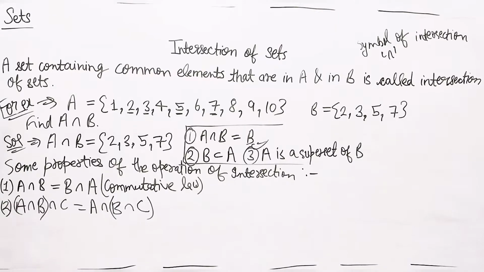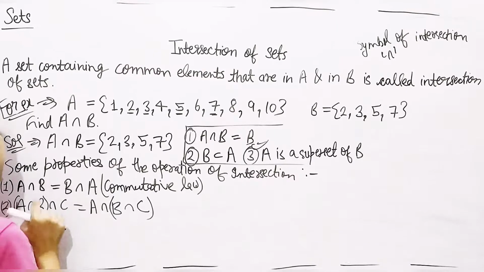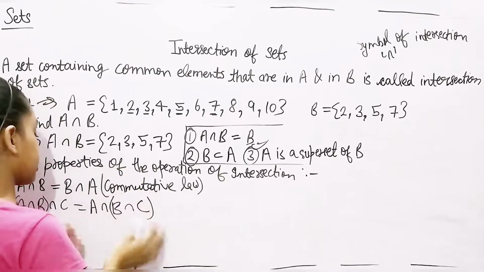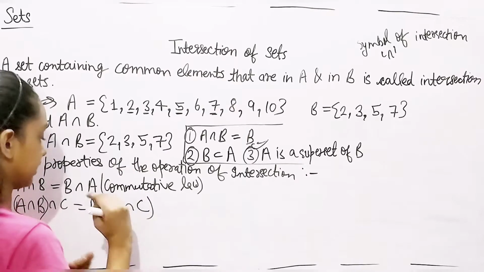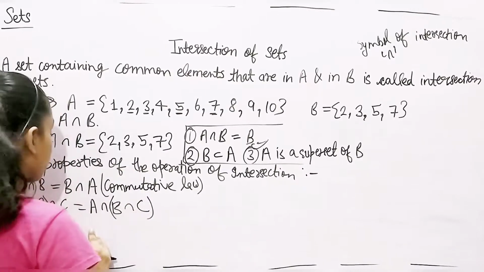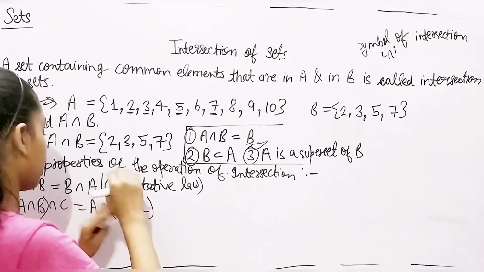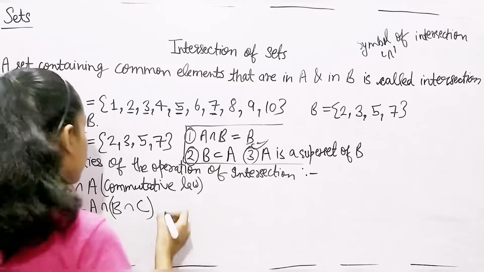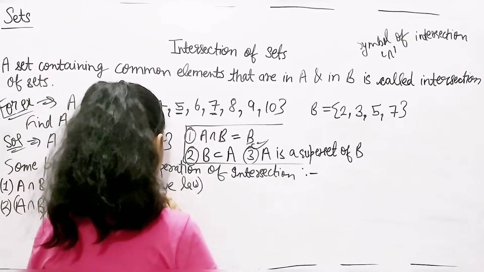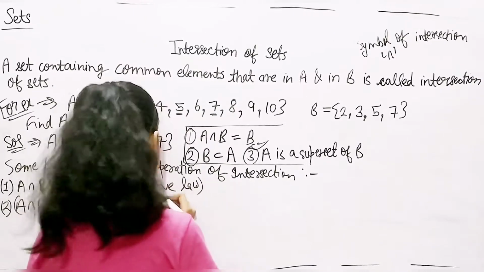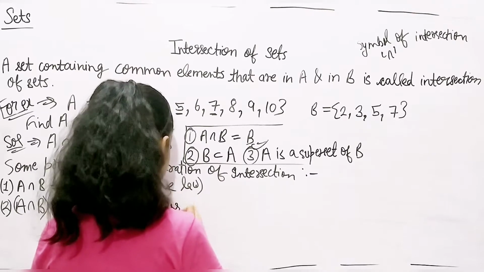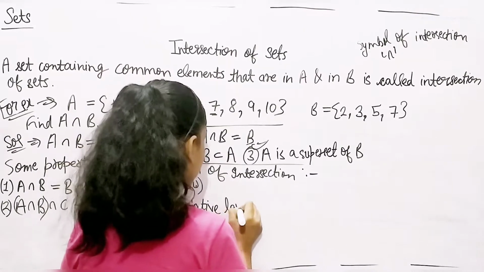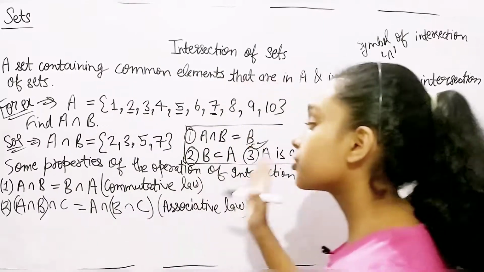The intersection of A and B, then the intersection with C, is equal to the intersection of A with the intersection of B and C. It's from the associative law. These two are common in union of sets and intersection of sets.